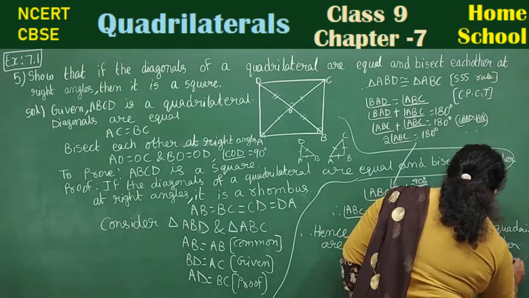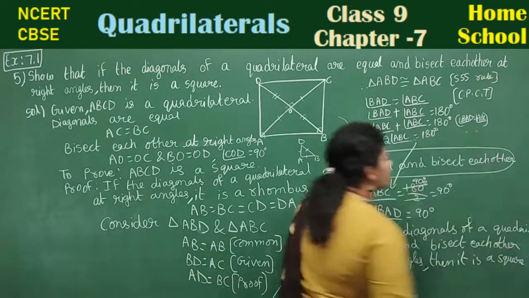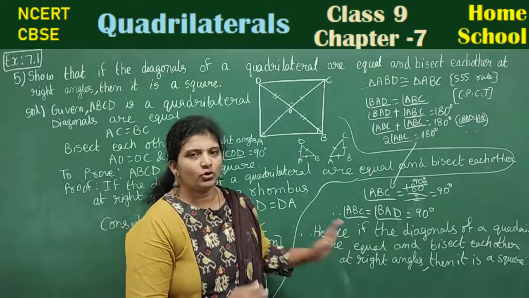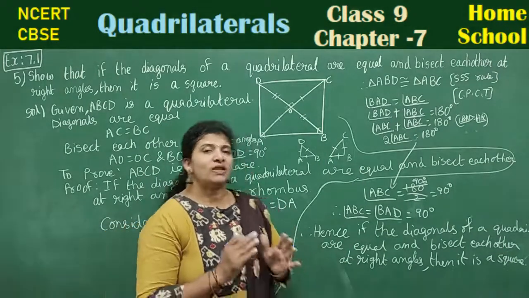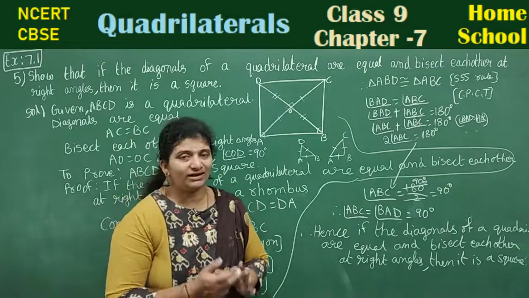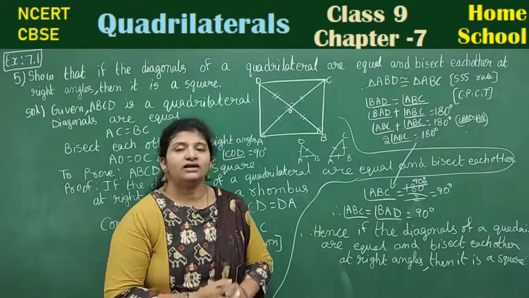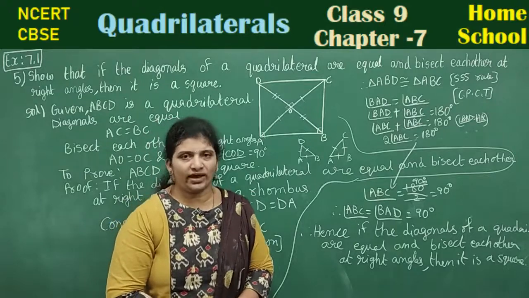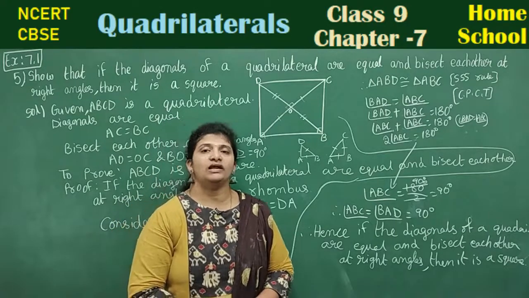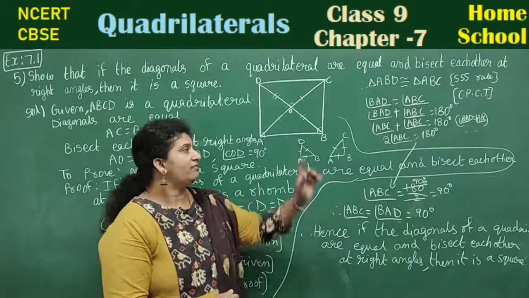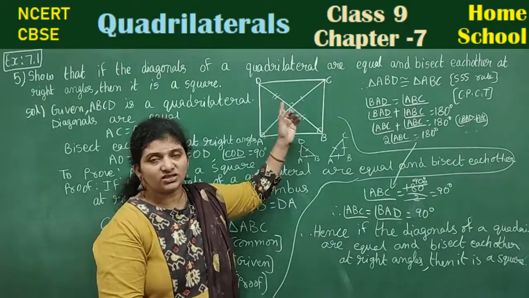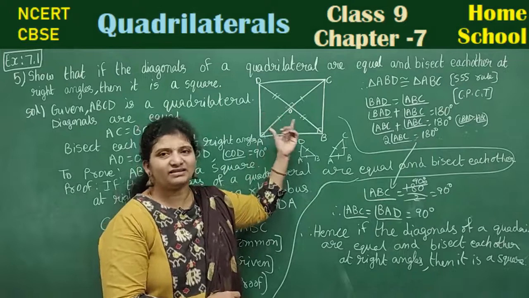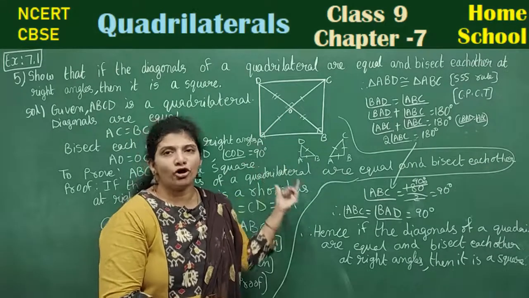We can end up with the same statement, or instead of this statement you can say that hence it is proved. Okay, understand here carefully. What is the problem given? A quadrilateral ABCD, diagonals equal, bisect each other at right angles, prove it is a square. So immediately you remember that if diagonals are equal, bisect each other and at right angles, then this quadrilateral is a rhombus.